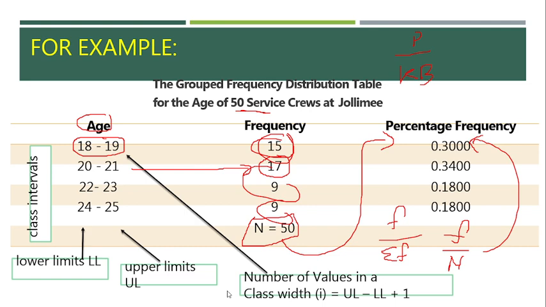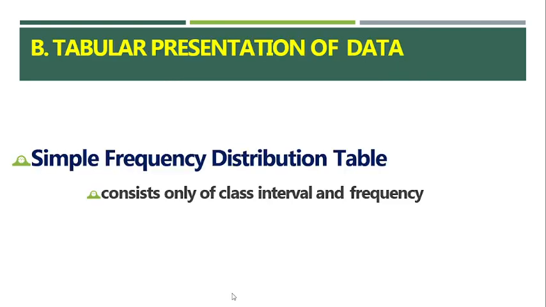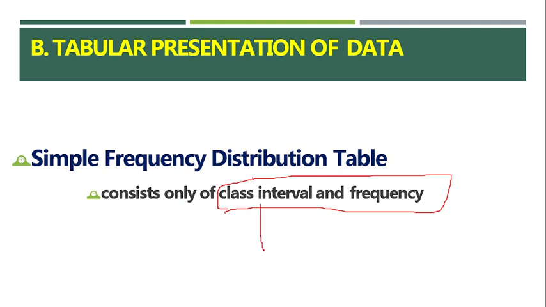Okay, so we also have what we call a simple frequency distribution table. When we say simple frequency distribution table, it consists of class interval and frequency only. Again, what does a simple frequency distribution table contain? It only consists of class interval and frequency. There are only two, no? Two things that your table consists of, and those are class interval and frequency.